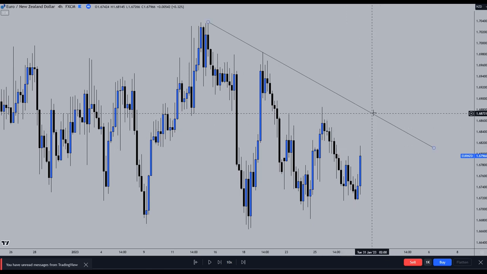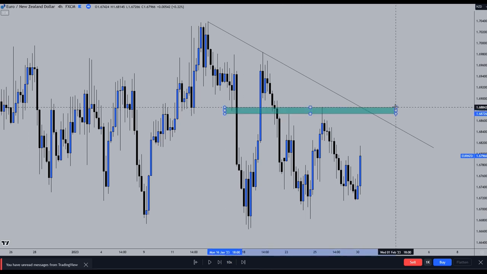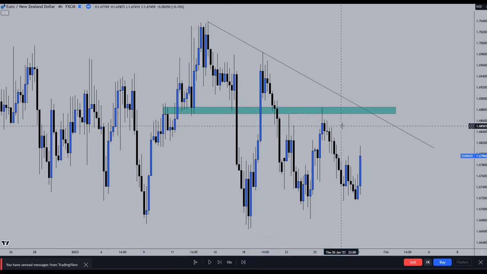Now, what you can originally do if you'd like is pre-plan where it could happen. If I'm looking at this kind of structure in and around here and where price is at, I could probably say that price was going to maybe come up here, because look, you've got a touch here, touch there. So this here is a nice key level within the market.